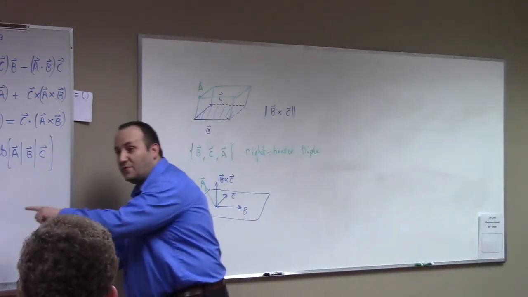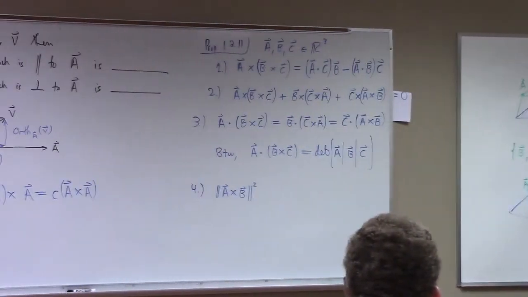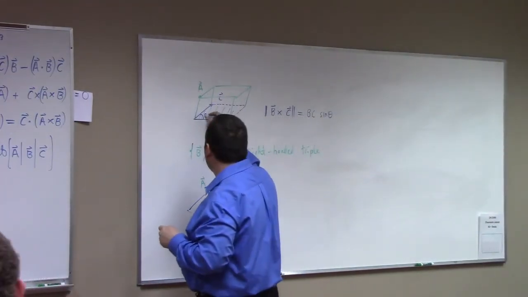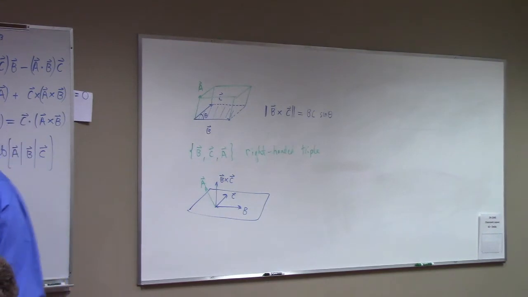Okay, the number 4 is actually what I need to prove the formula here, which I haven't written, which was BC sine theta, where that theta was this angle down here, right? This is what's called Lagrange's identity.